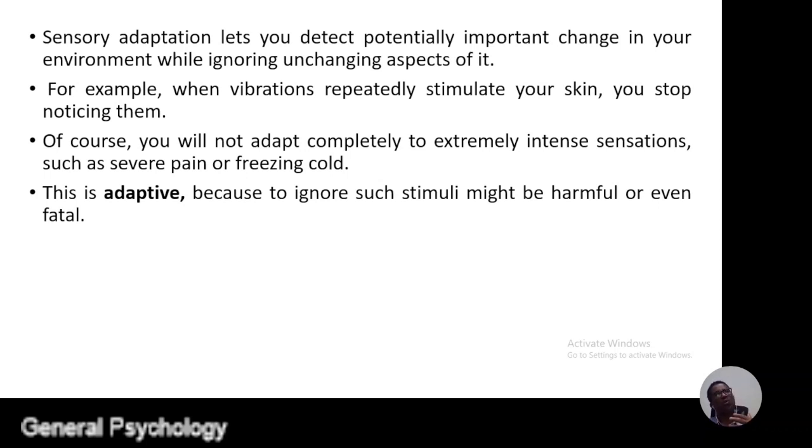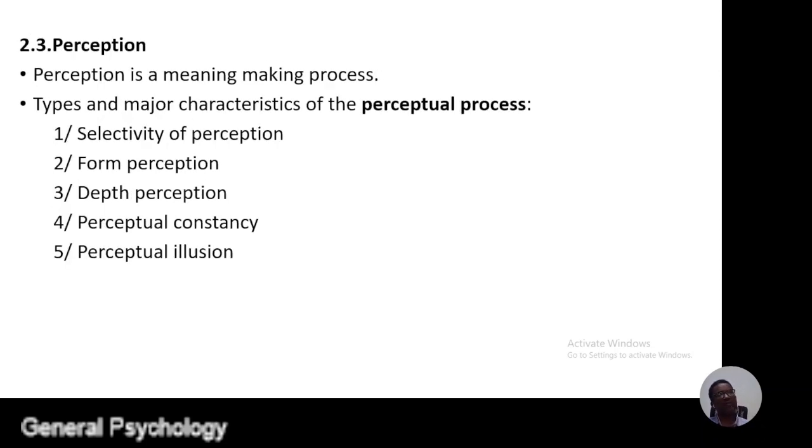Even though we gradually adapt to different stimuli, severe pain and freezing cold are not easily adapted to by human beings. So the level of our sensory adaptation varies depending on the nature of the stimulus.